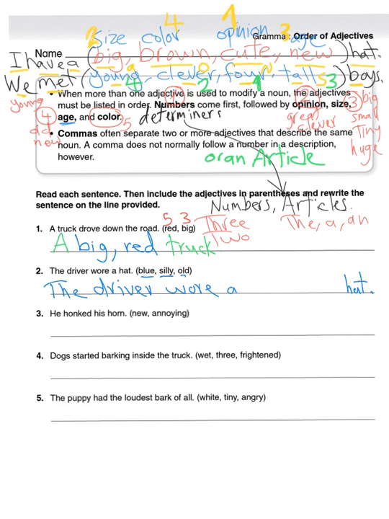So we'll do the same like we did with the previous one. Now what about blue? This is the color and it will take number 5. What about silly? This is my opinion and it will take number 2. What about old? This is the age and it will take number 4. So which one will be first? My opinion, which is silly. Then I will use old. Then I will use blue.